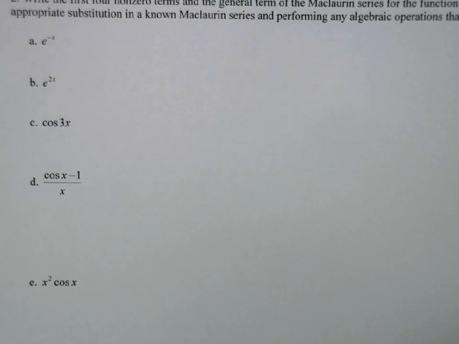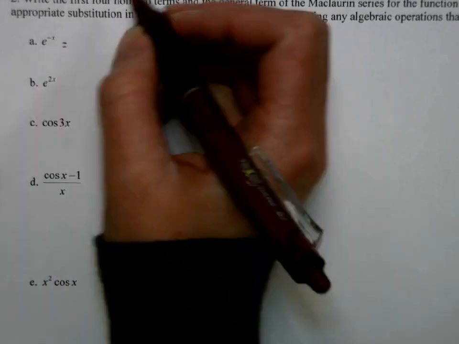Now we're going to take our known series and manipulate them in various ways. So e to the negative x, we're going to take the series for e to the x and substitute.